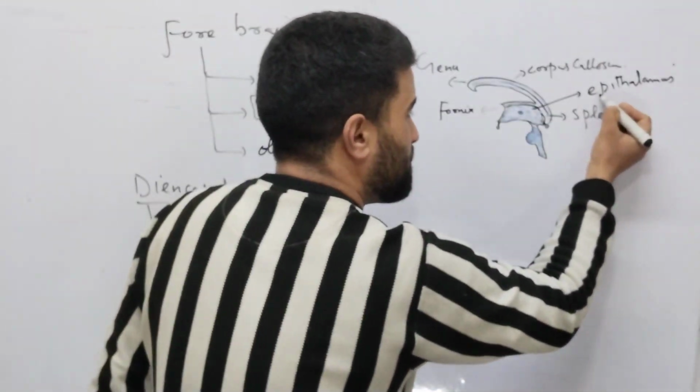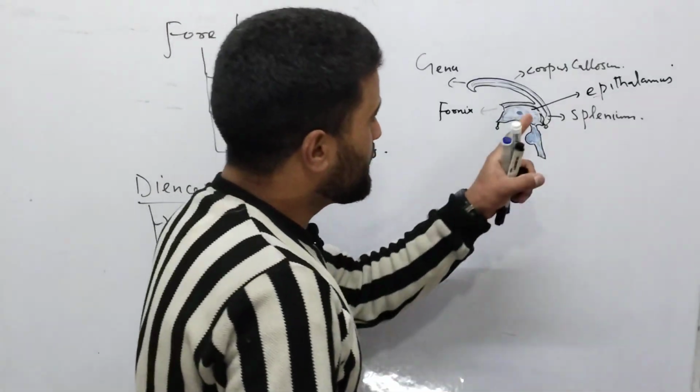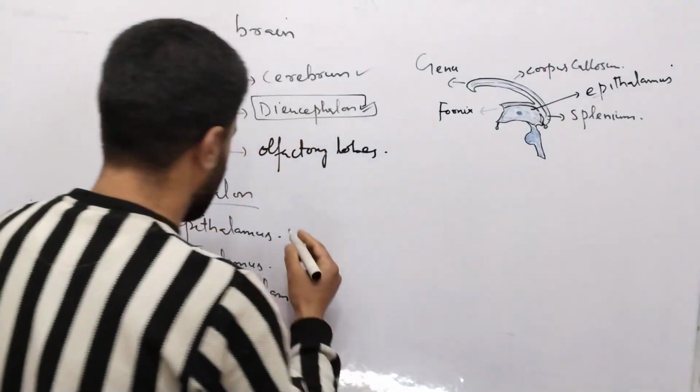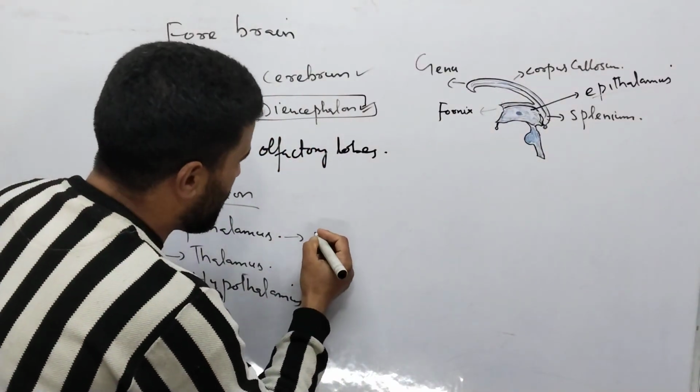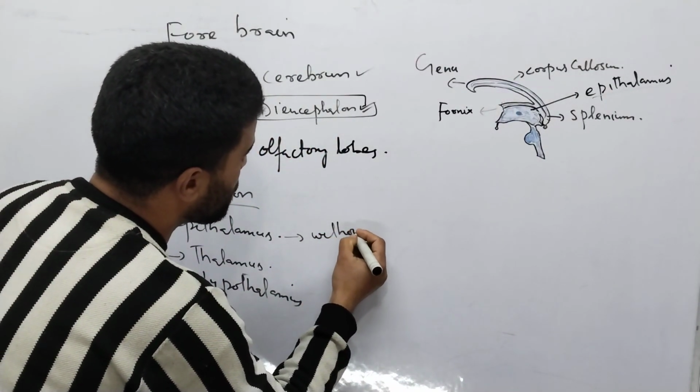So when we talk about this epithalamus, this is that region which is without nerve cells.